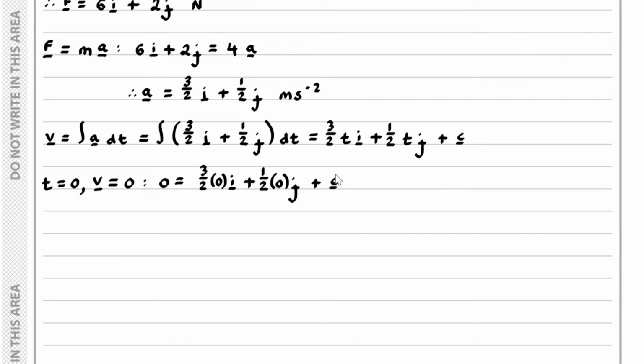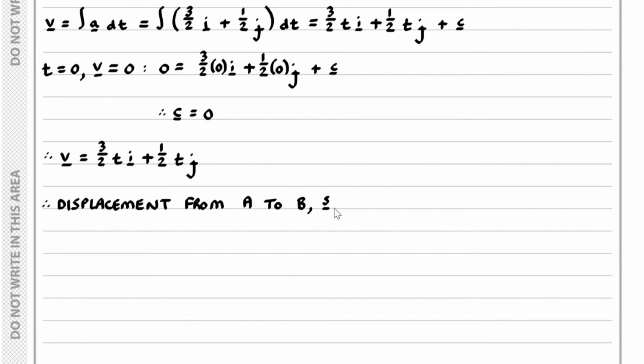And so we can therefore conclude c is equal to 0. And knowing what c is, we can therefore conclude that v is equal to 3/2 t i plus 1/2 t j.